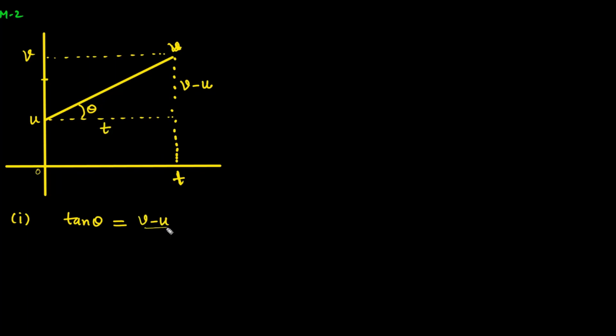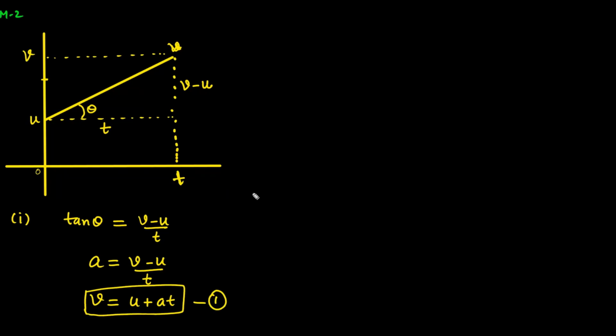And slope, from the basic property of this graph of v and t, is acceleration a. So a is v minus u by t. So we will get v equals u plus at. So this is the derivation of the first equation of motion using the graphical method.